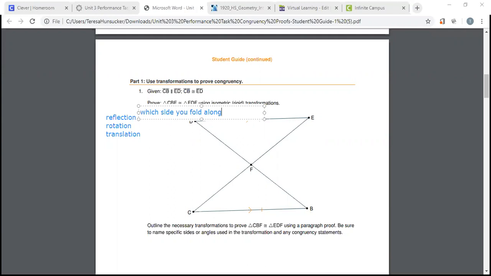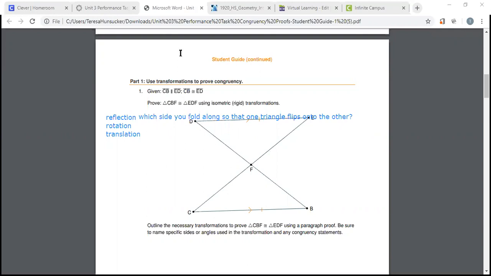So that one triangle flips onto the other. Is there such a side in either triangle that you can use to fold along so that one triangle flips onto the other?